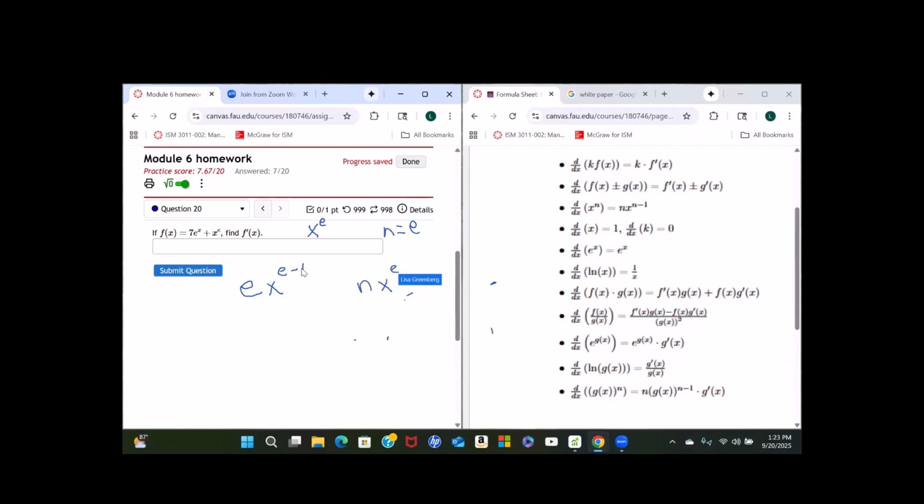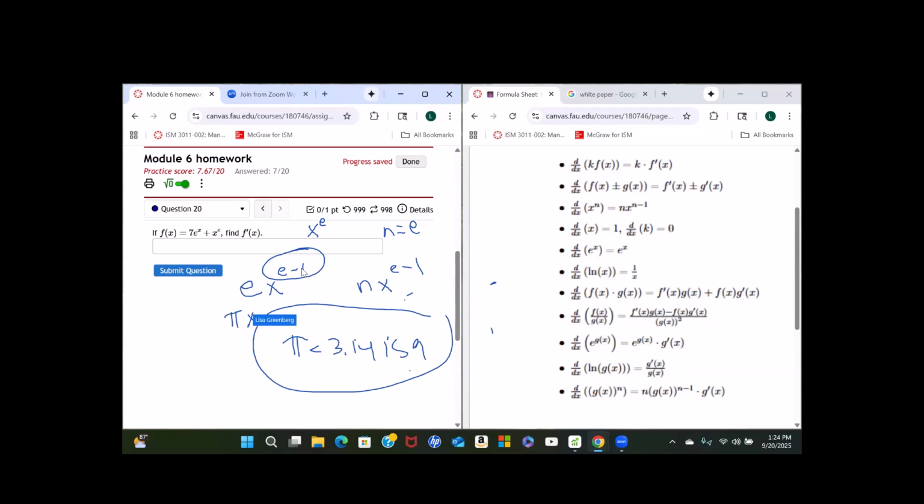Oh, okay, that's what I did not get in the homework. Because we don't really have a value, like you would say pi minus 1, you wouldn't put in 2.14. That's not really what pi is. If it was pi up there, I would put pi x to the pi minus 1, because I don't know what pi minus 1 is.